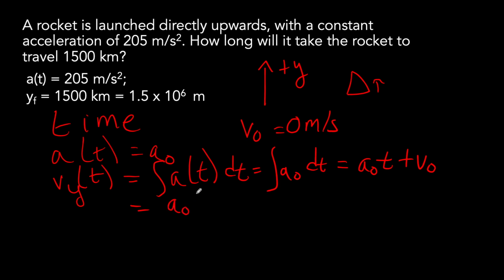Now, why am I using a0 when I know the value of a? I know that a0 is equal to 205 meters per second squared. So why not just write 205 meters per second squared? This is actually a great physics hack. It is much, much easier to follow your work if you leave things in symbolic values that tell you this is an acceleration, rather than switching to specific numerical values that can be hard to track.